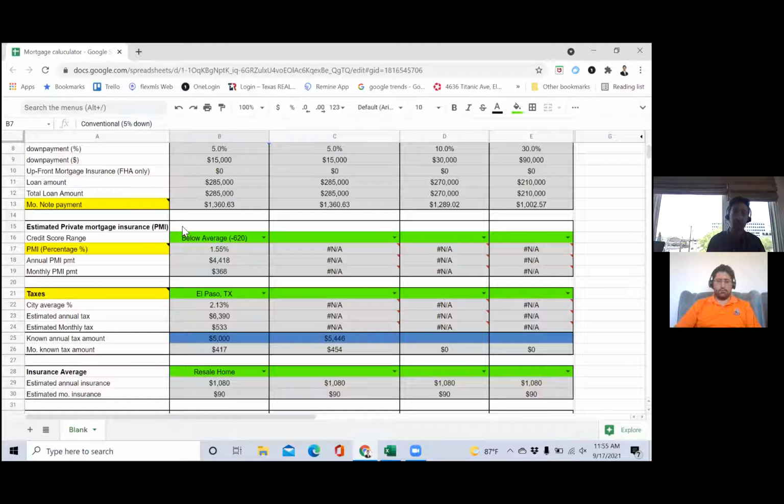The riskier the credit, the riskier the loan, the higher your PMI will be. Now, with that said, private mortgage insurance can be deleted if your equity increases in the property and if you request it from the lender for it to be removed.